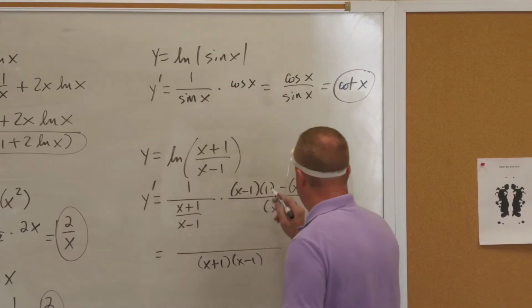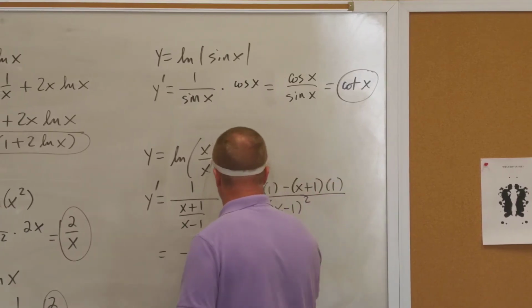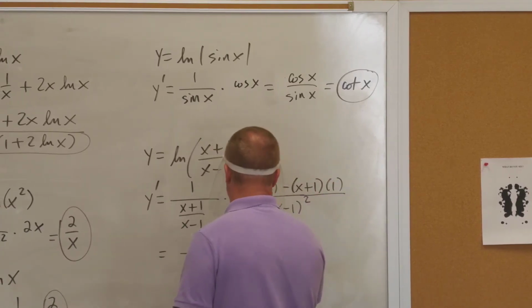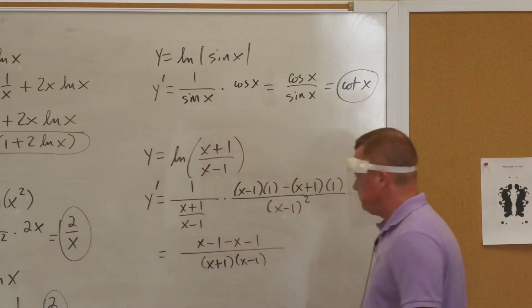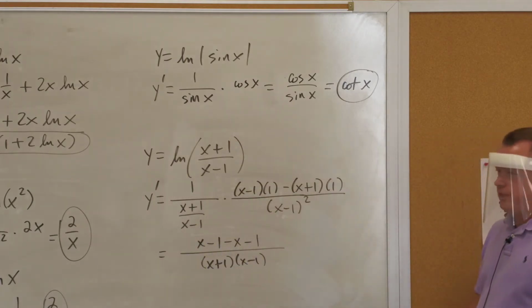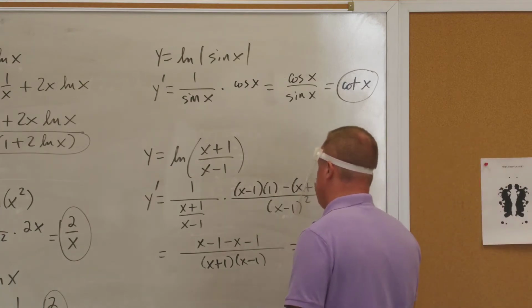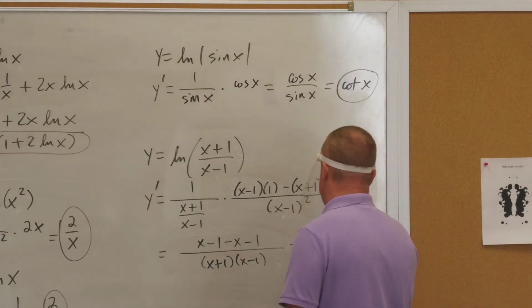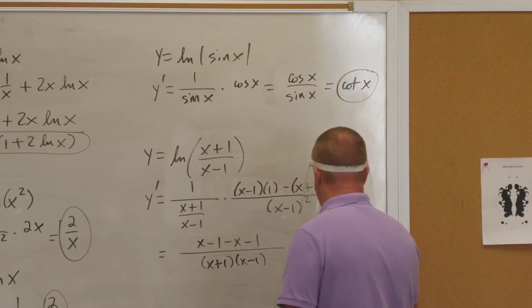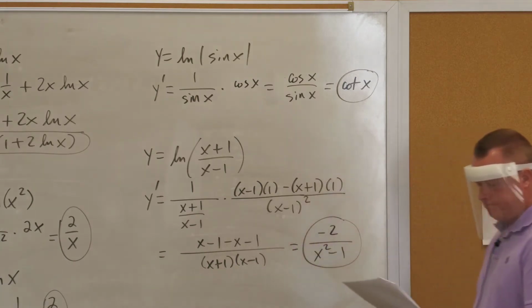Then on the top, I would have (x minus 1) minus (x plus 1). So my x's would subtract off, and I end up with negative 2 over x squared minus 1 for my derivative.